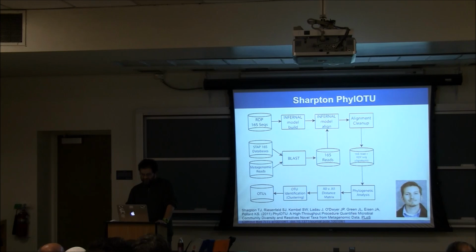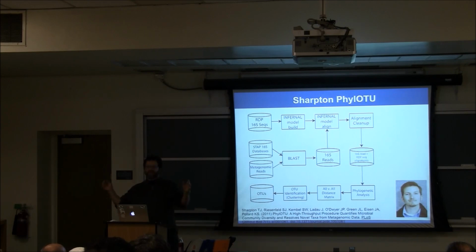Tom Sharpton, who was also involved in this project, was a postdoc in Katie Pollard's lab. He built a tool. So many people may be familiar. You go to an environment, you sequence ribosomal RNA genes, and one of the things that people really want to do is cluster them into what are called OTUs, operational taxonomic units. That is, sequences that are really similar to each other from your sample, so similar that we might call them the same species, for example, or because we don't want to use the term species, we call them OTUs, or operational taxonomic units.